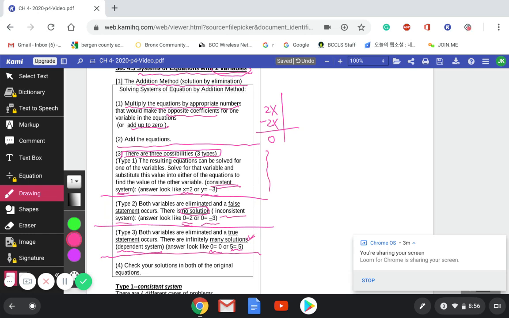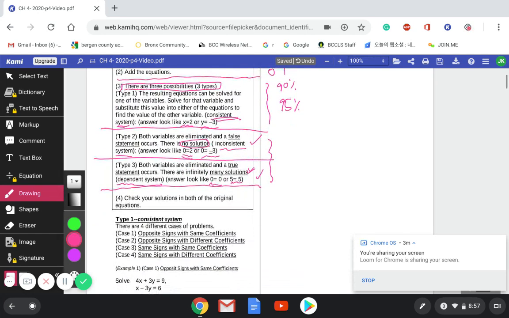90 to 95% of your system of equations questions are consistent systems. And there are very few times you have either an inconsistent or a dependent system. So today we're going to go over all of those types of questions.